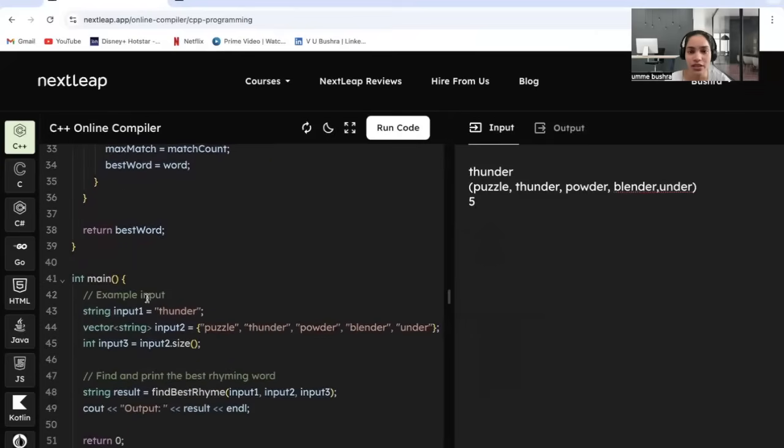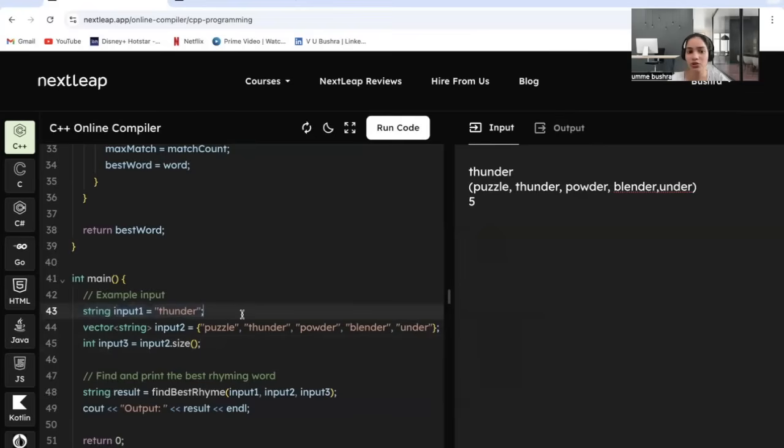If you see here, clearly they had told that one string is going to be taken as an input, which is already here with us. Now my vector is going to be the array that is given to me, and the final input that you can take is the size of your vector. So I'm giving this example here. If you look at this one right here, you've taken 3 inputs that are asked in the questions.